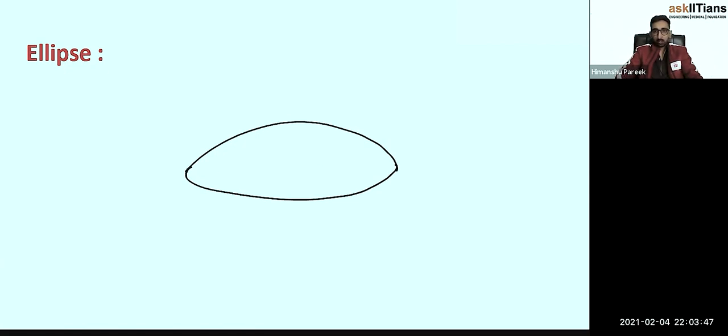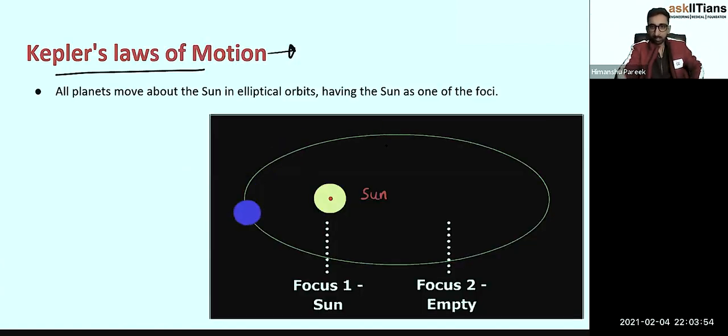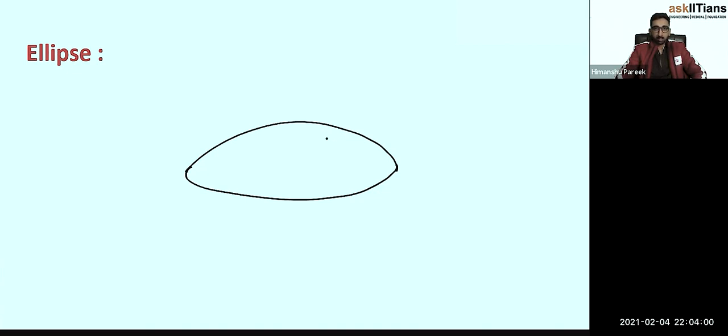Just now I'll show you one picture also, so there you will get it very easily. Like you can see in the previous case, this green colored one, that's an ellipse. Now, this is an elliptical path. So how do we get an elliptical path?